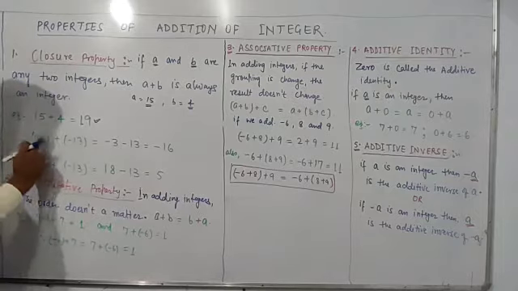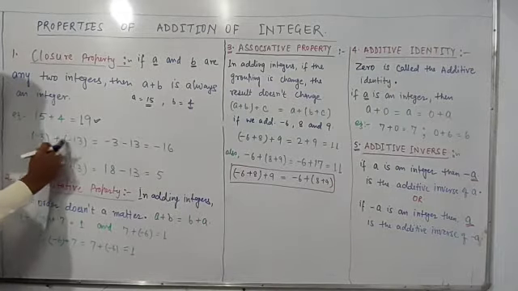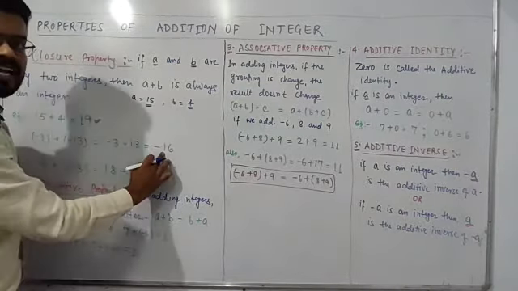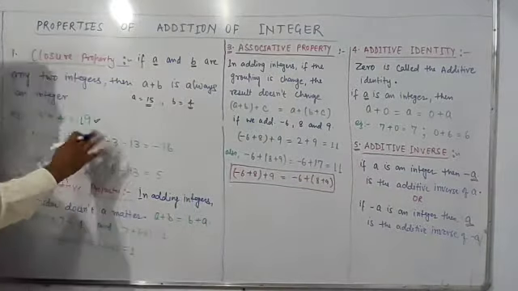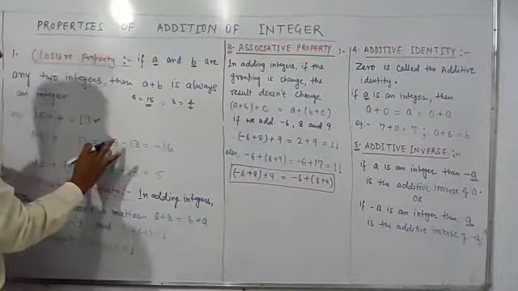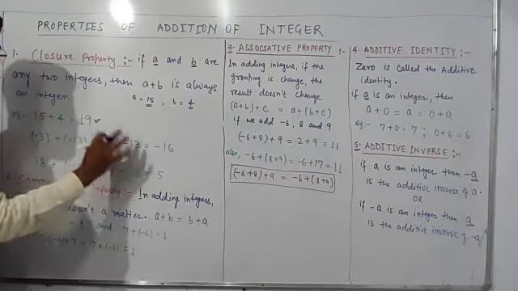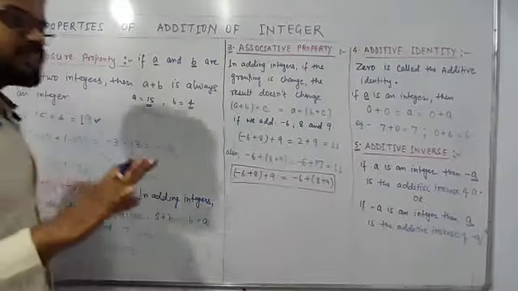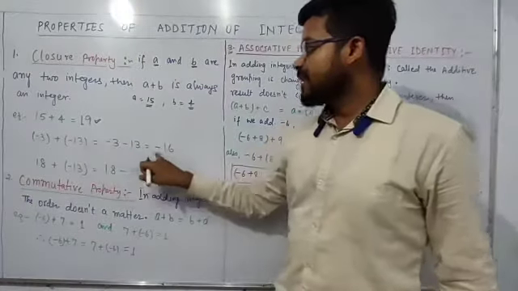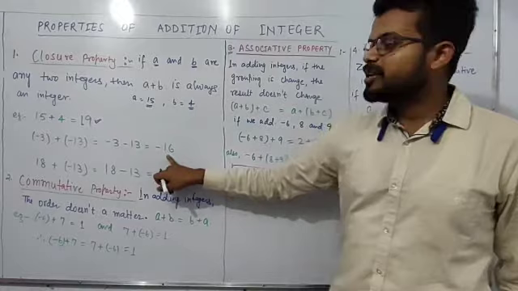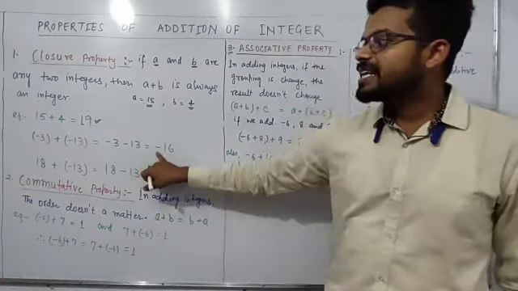The sign of both numbers is minus, so the value is minus 16. Remember, in any case, minus of two numbers, minus minus is always a plus. We get the plus value but the sign is minus.